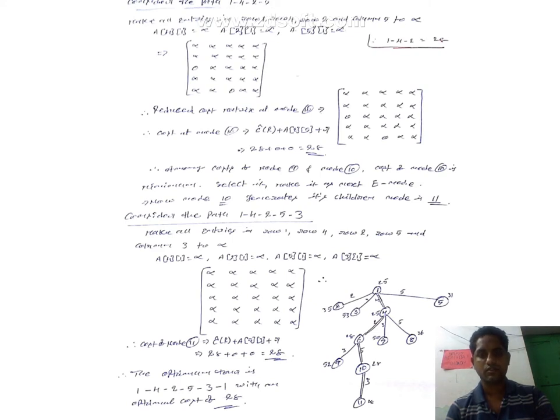In the last node, we have to define the matrix with all infinities. In that way we can get the optimal cost of the particular traveling salesman problem.